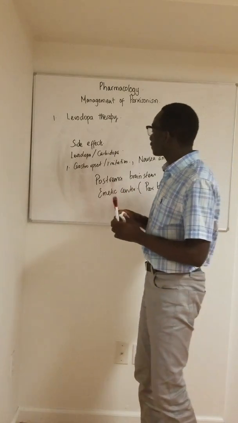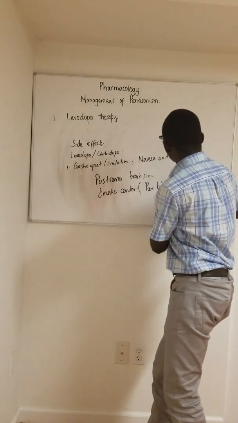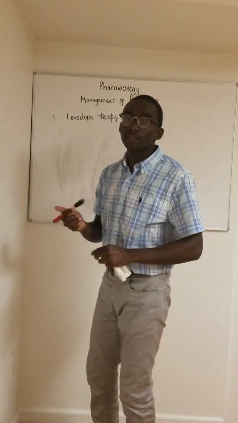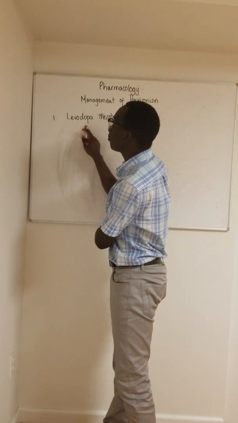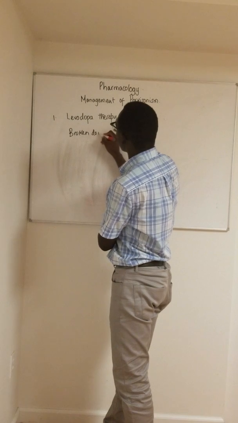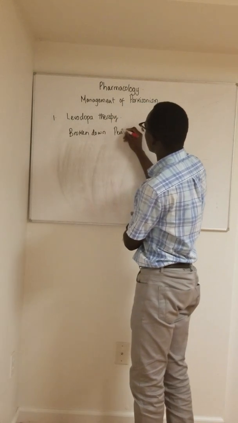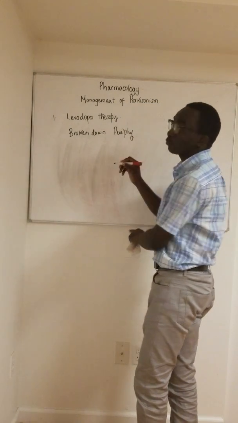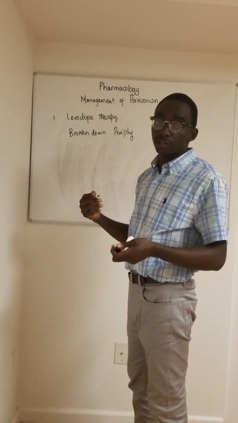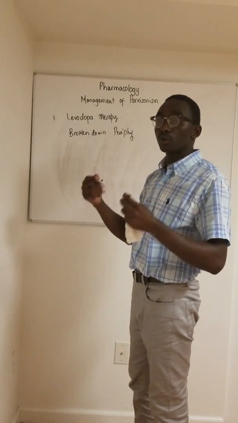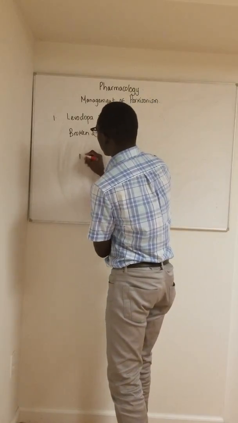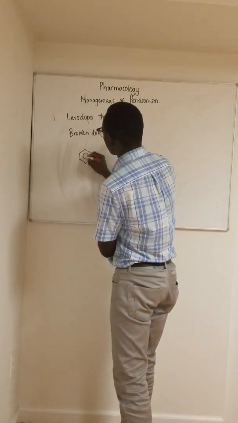And another common side effect is that sometimes this levodopa can be broken down in the periphery. So if it's broken down in the periphery, it's going to be metabolized into adrenaline or epinephrine or norepinephrine. So let me draw the structure of dopamine.